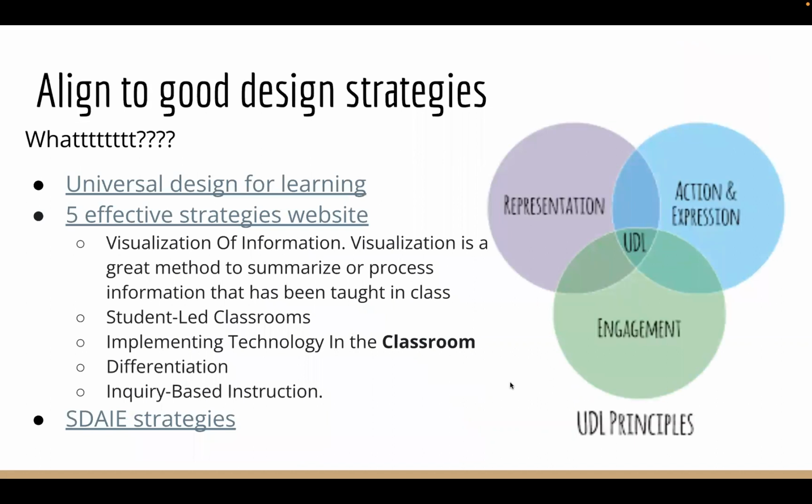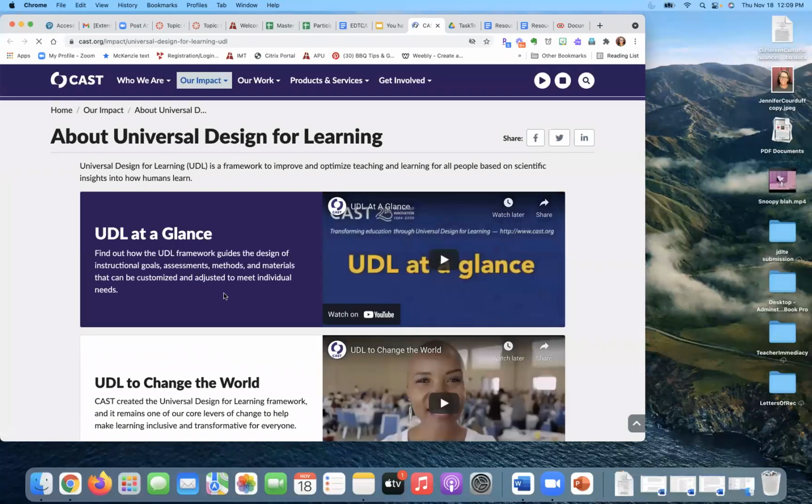Also, it's important to align with good design strategies. So what are design strategies? That always trips everybody up just a little bit, but it's easier than you think it is. Universal Design for Learning, everybody hears about it now. It's a big thing, and it's been a big thing for a while. UDL is really the overarching umbrella through which we can serve mild, moderate, severe, gifted, 504, all of these different needs.